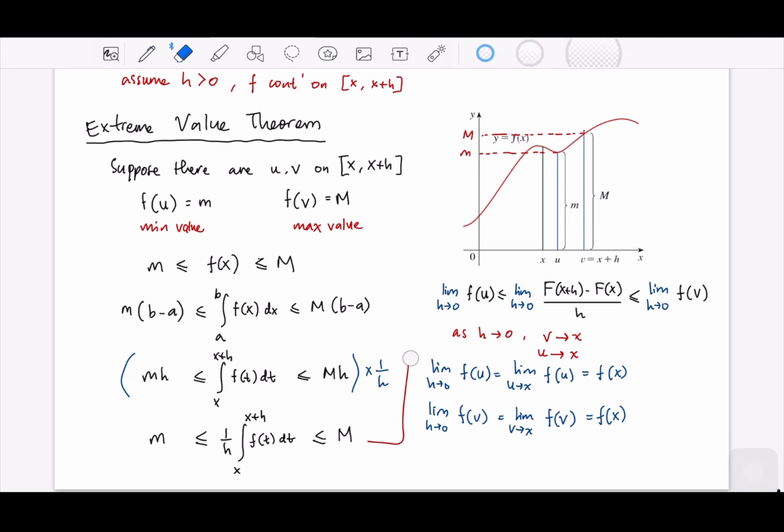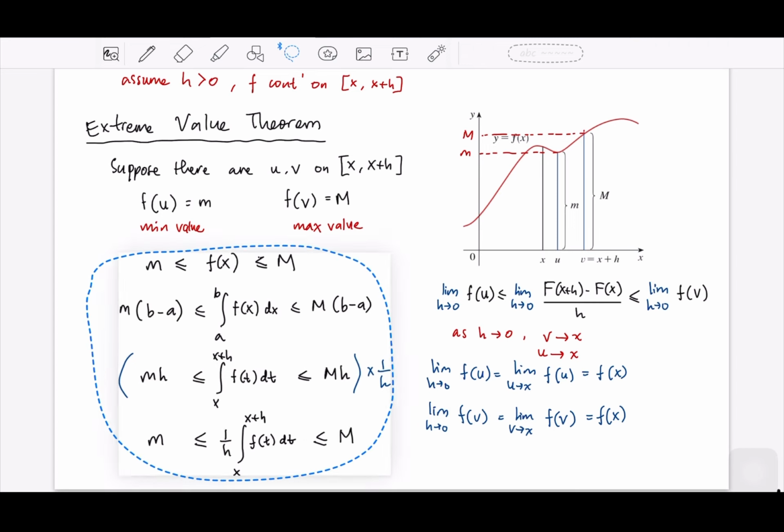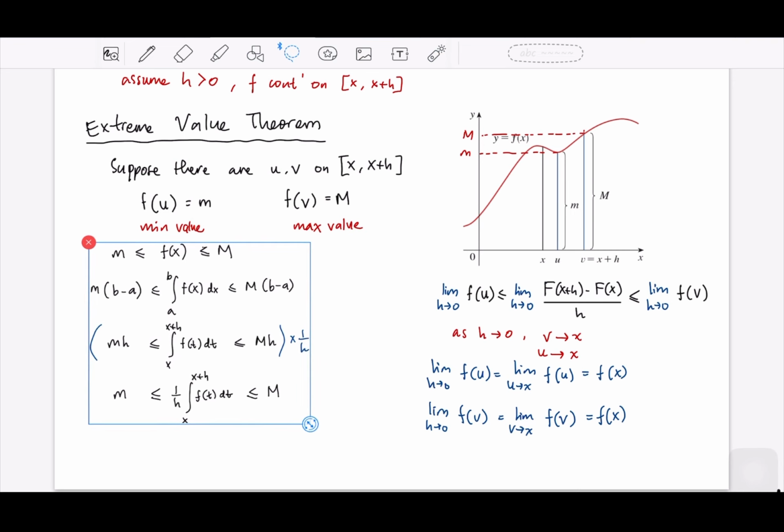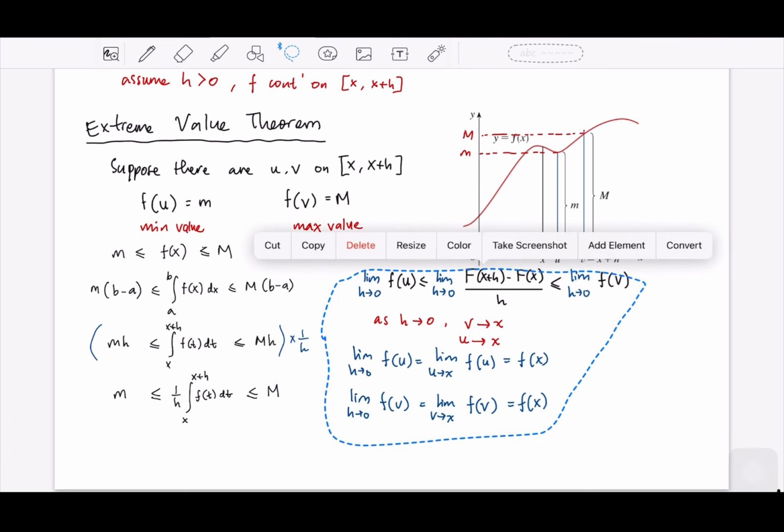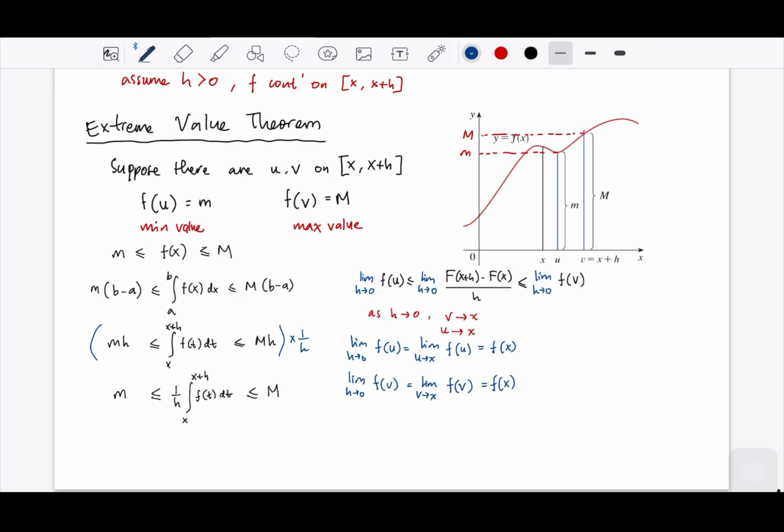Let me resize this part first. And then by the squeeze theorem, the limit as h goes to 0 of this antiderivative f of x plus h minus f of x divided by h will be equal to f of x.